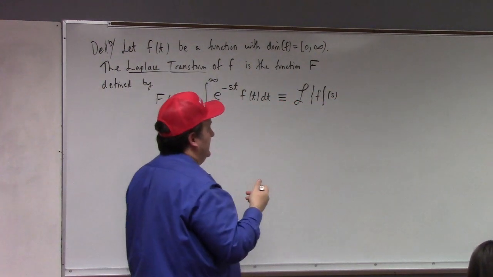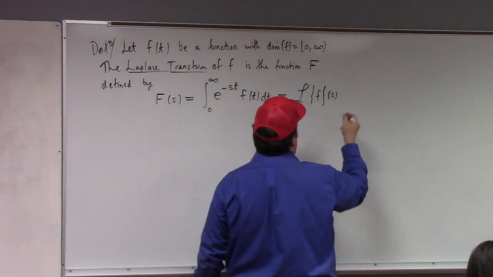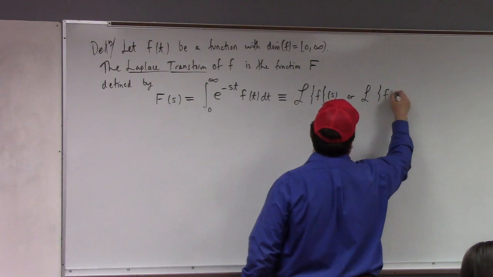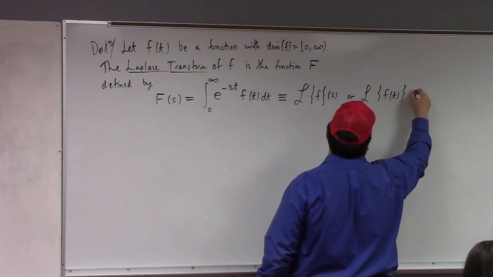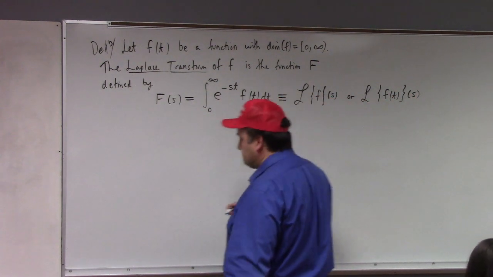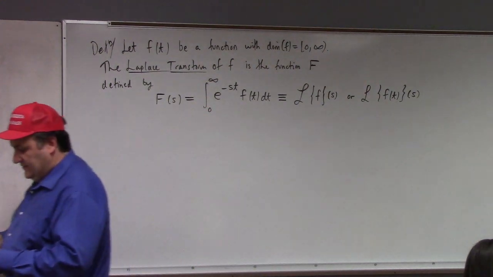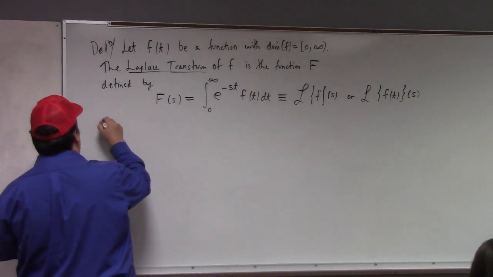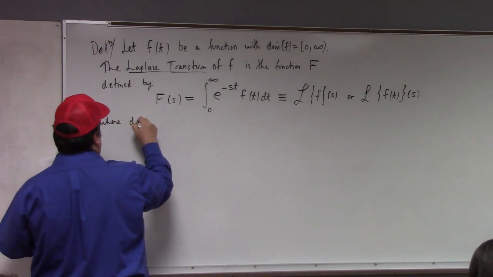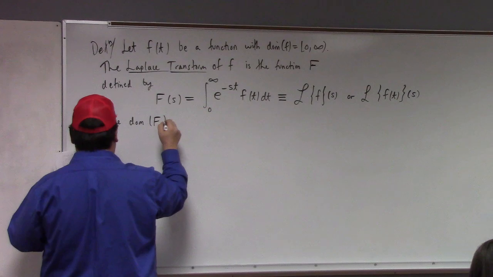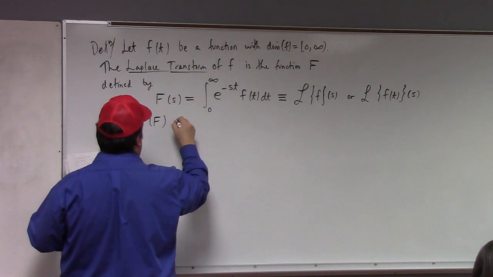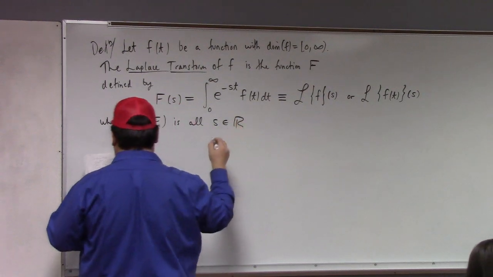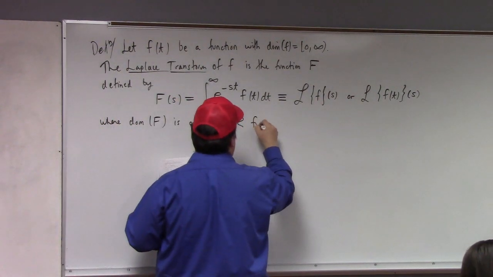Sometimes we also write the Laplace transform of f of t of s, to emphasize the t dependence of the input, where the domain of the big F, the transformed f, is all s in the reals for which the integral exists.